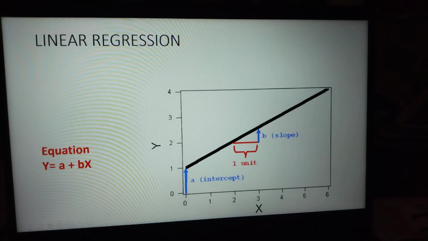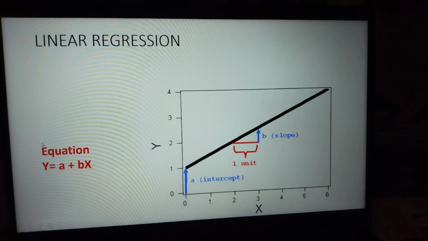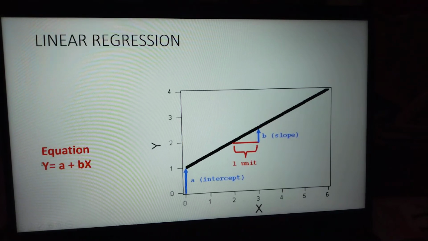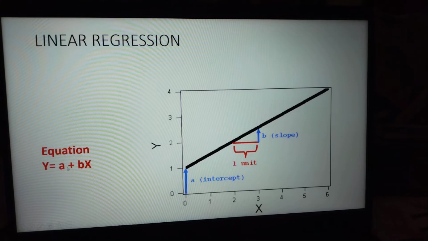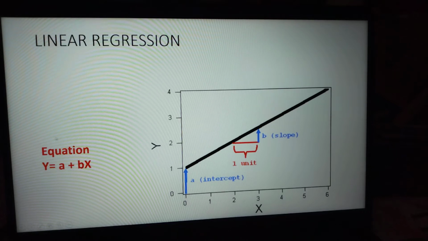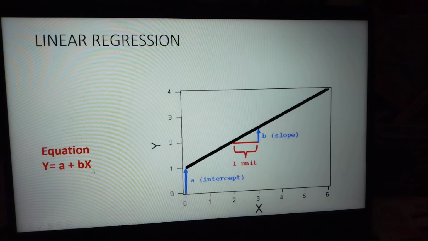And this whole relationship is expressed as a particular equation, that is the linear regression equation: capital Y is equal to small a plus small b capital X. So this is the basic linear regression equation, which is denoted here on the left hand side in red color.